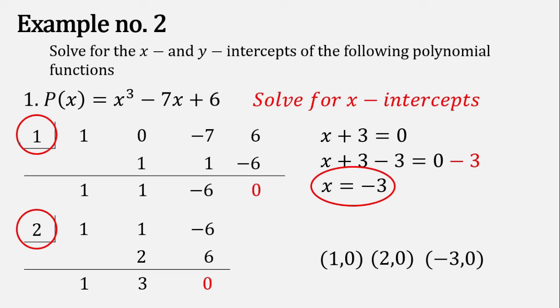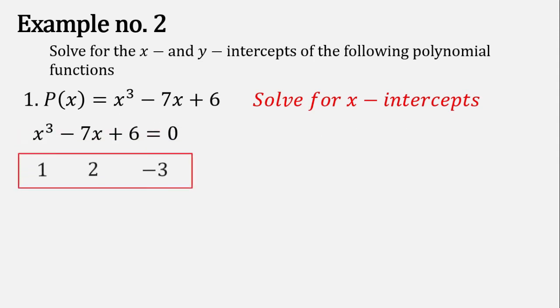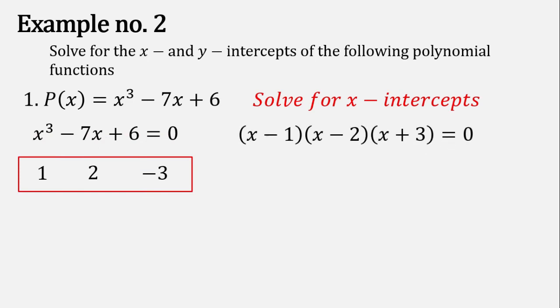So that is 1, 0. This is the x-intercept. 2, 0. And negative 3, 0. Also, since these are the values of x, we can write this equation as x minus 1 for this, x minus 2 for this, and x plus 3 for this.